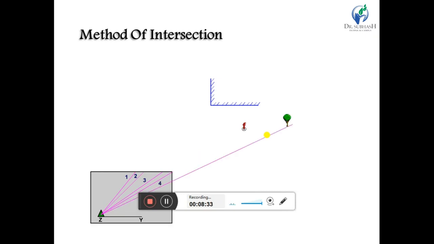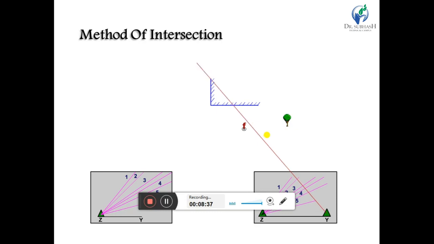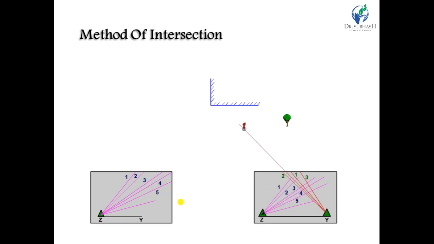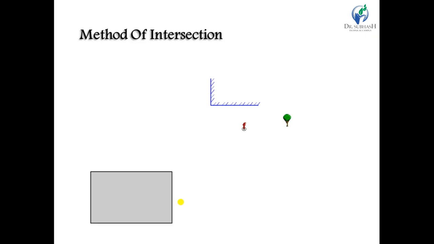In this animation, we are seeing that there are many different points that we have to relocate for our purpose. Using the intersection method is very convenient. We do not have to measure the distance from the starting point to our object point.